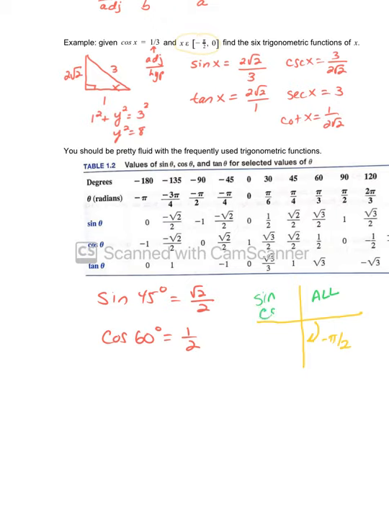Therefore, cosecant would also be positive because it is the reciprocal of sine. In the third quadrant, tangent is positive, and therefore cotangent would also be positive. And in the fourth quadrant, cosine is positive, as we saw up above, and also its partner secant would also be positive.